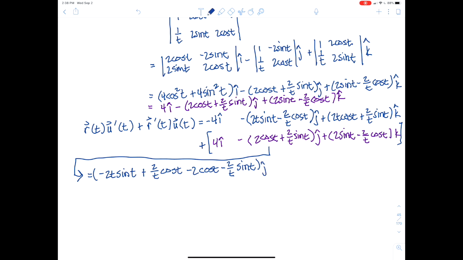And then plus 2t cosine t plus 2 over t sine t plus 2 sine t minus 2 over t cosine t, and that's all times k.